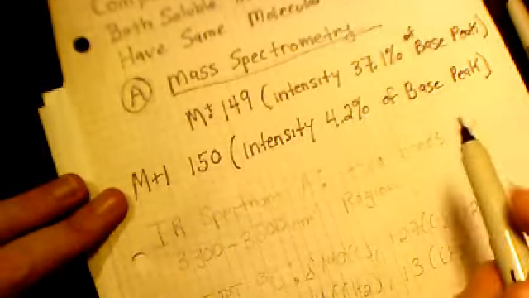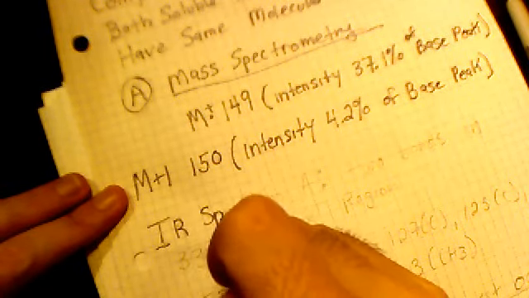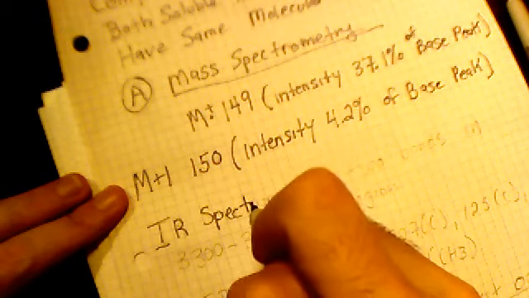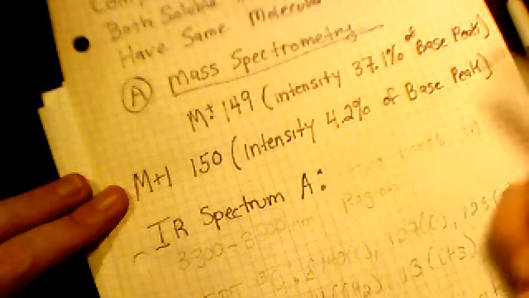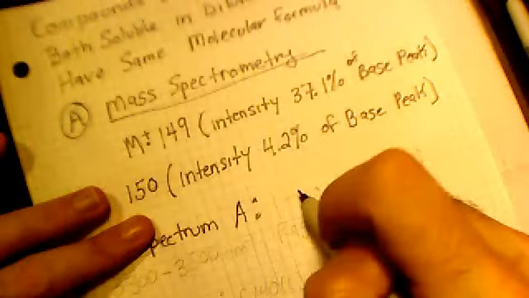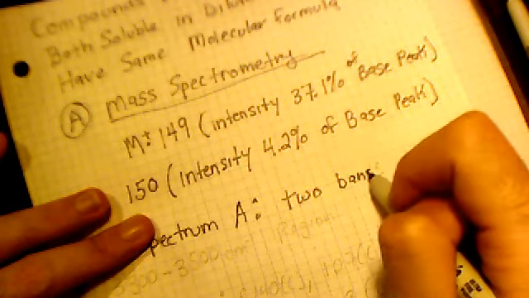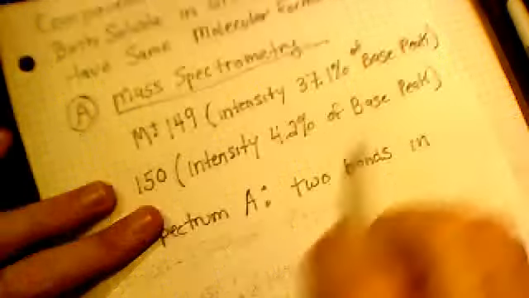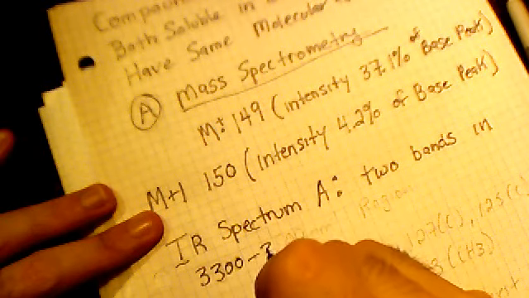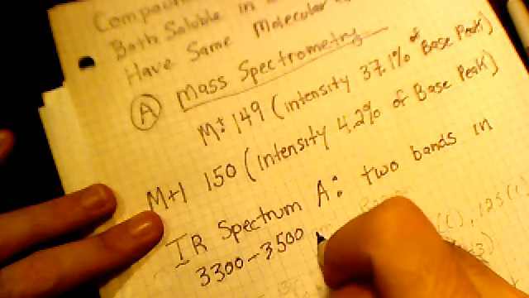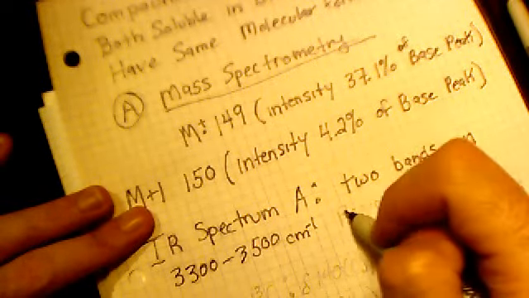Then it gives us the IR spectrum for A. It tells us that there are 2 bands in the 3,300 to 3,500 centimeters to the -1 power region.